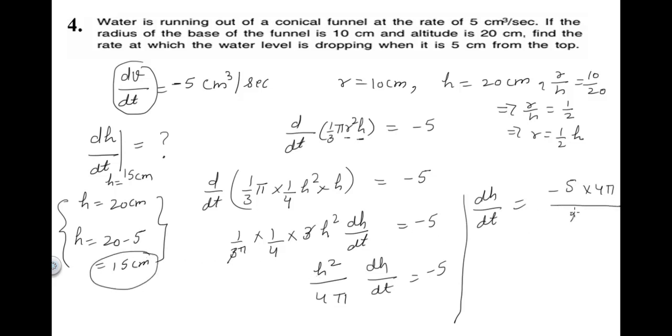So 15 square is 225. So cancelling it now, we can have 5 ones are 5, 5 fours are 20, 5 nines are 45. So we have minus 20 pi upon 225, which is minus 4 pi upon 45 centimeter per second. The negative sign shows the water level is going down. So the rate of change is 4 pi upon 45 centimeter per second.